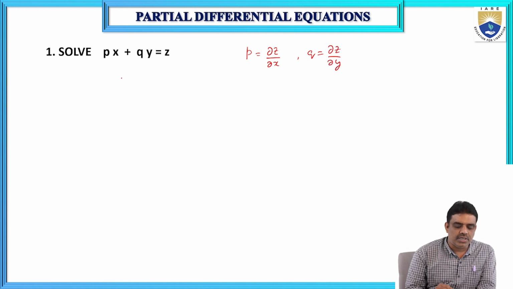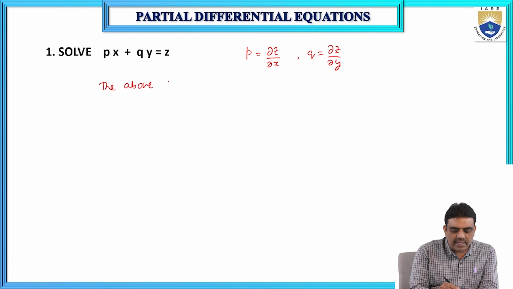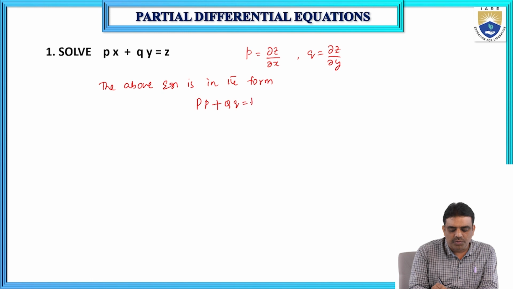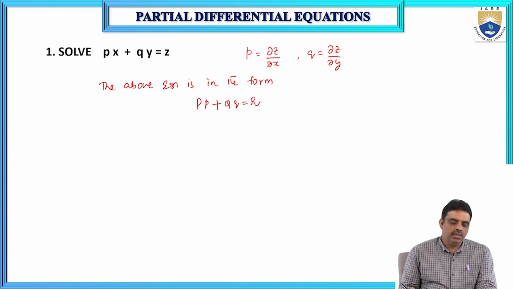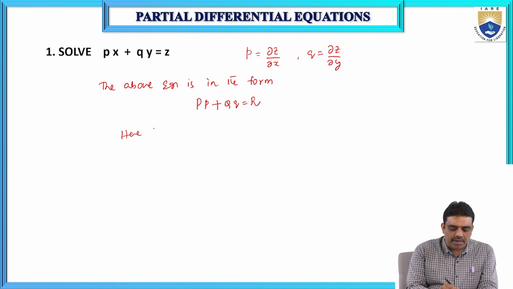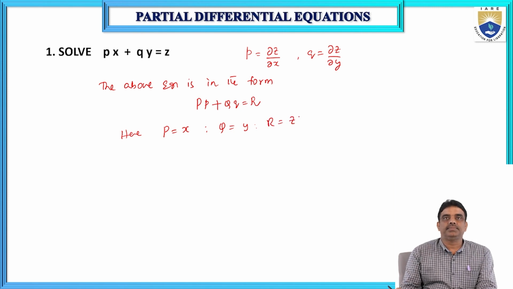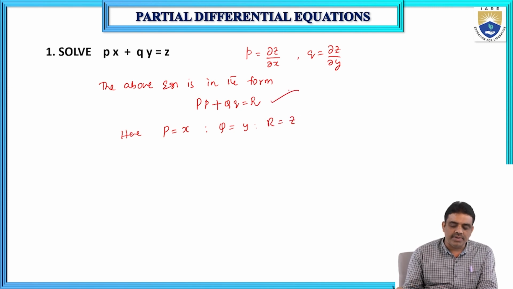This is a linear equation, and you can observe that the given equation is in the form Pp + Qq = R. So here, what is capital P? Capital P is equal to x, capital Q is equal to y, and capital R is equal to z. Clearly this is in the form of Lagrange's linear equation.